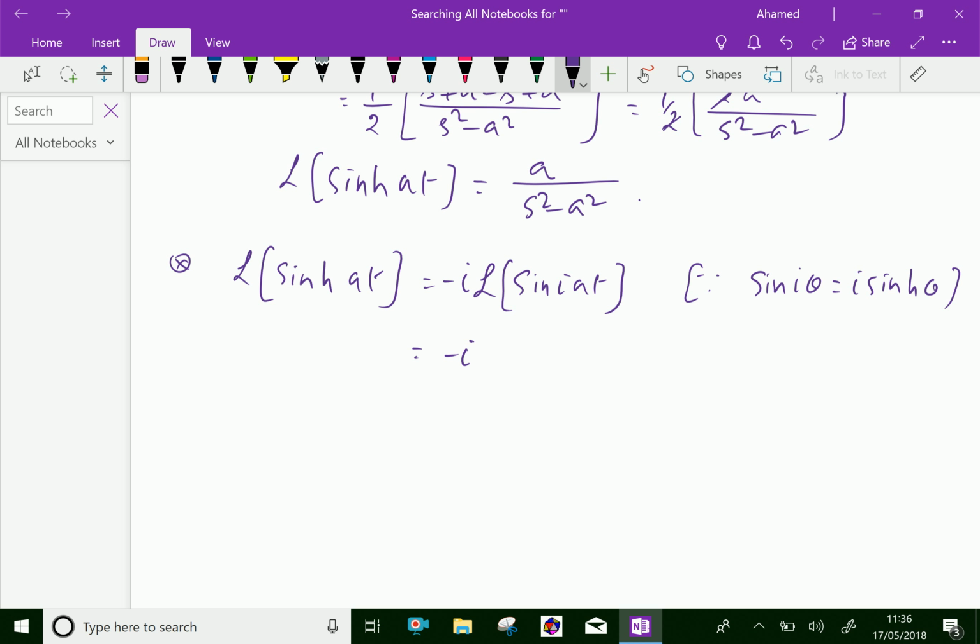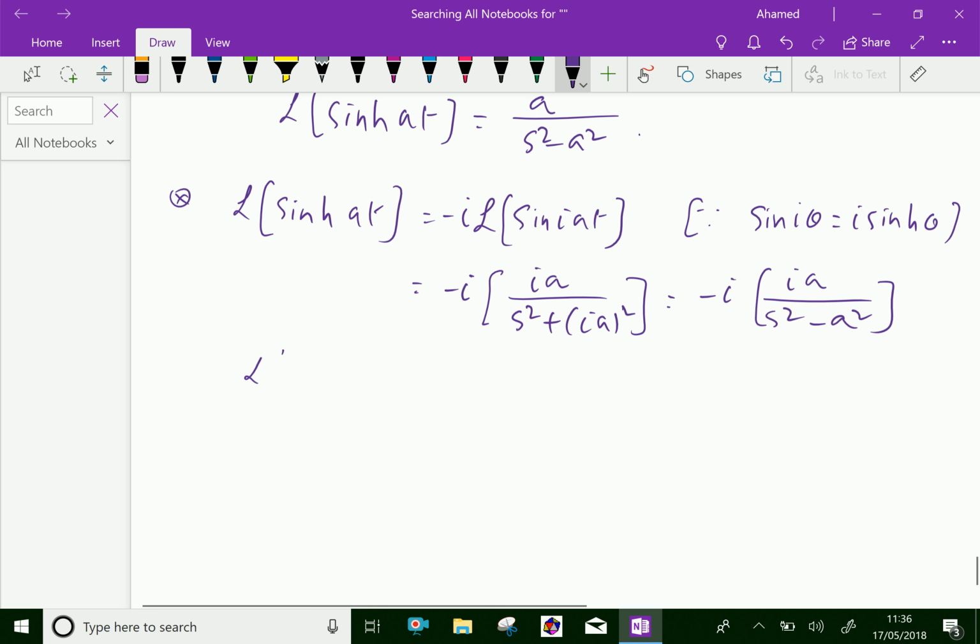We know that the Laplace of sin iat equals ia over s square plus i square a square, equal to ia over s square minus a square, where i square is minus 1. Therefore, the Laplace of sinh at equals i into i, which is minus 1, into minus, is plus 1, that is a over s square minus a square.